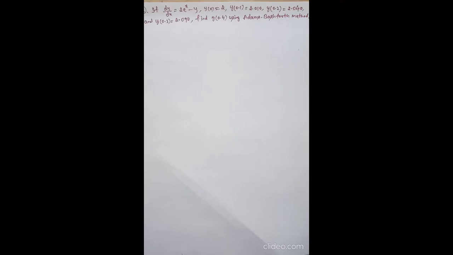Okay, so in the last problem we have discussed how to solve a problem by using Milne's predictor corrector formula. So now we shall discuss how to solve a problem by using the Adams-Bashforth predictor corrector method, or I can say Adams-Bashforth predictor corrector formula.